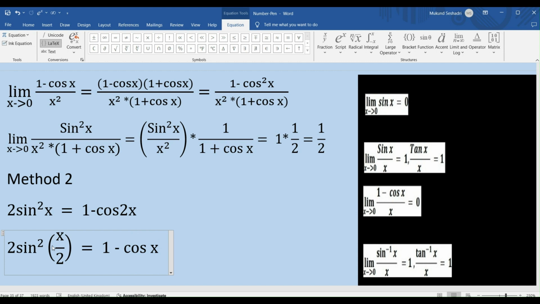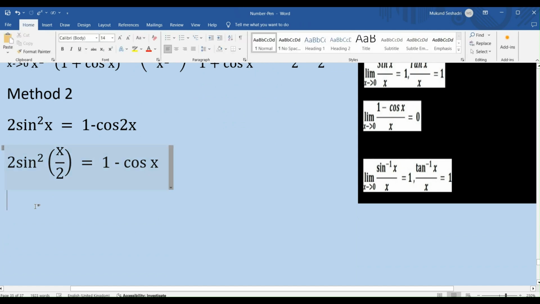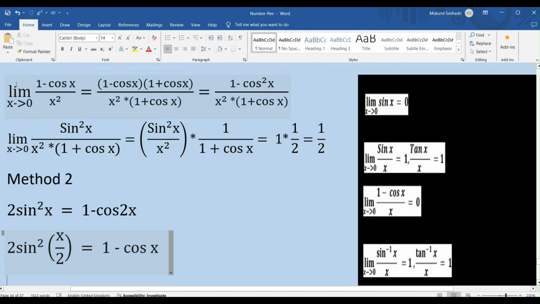So, when this expression is applicable for x, we know how to rewrite it when we want to make it applicable for x by 2, right? So I've just replaced x by 2 everywhere, and that's how you get the expression. So what is your 1 minus cos x? It is nothing but 2 sine square x by 2, right?